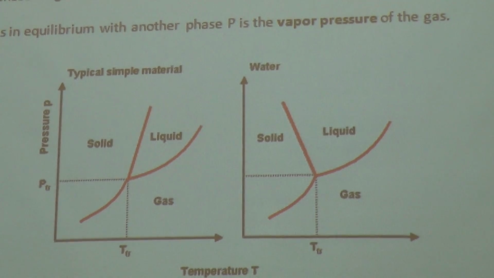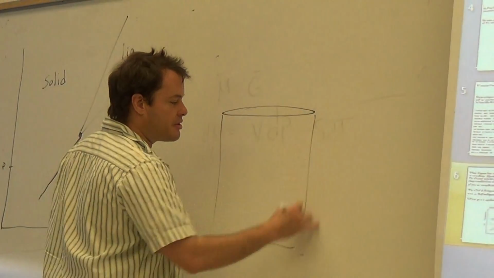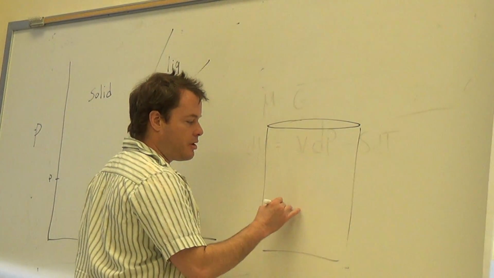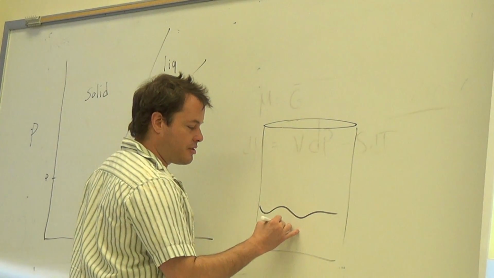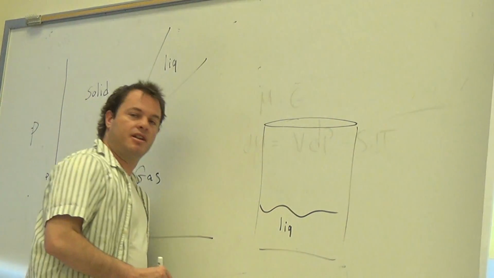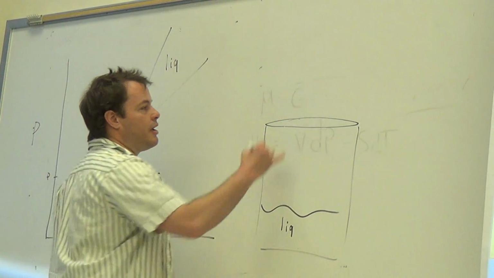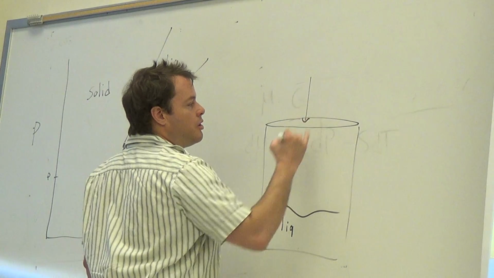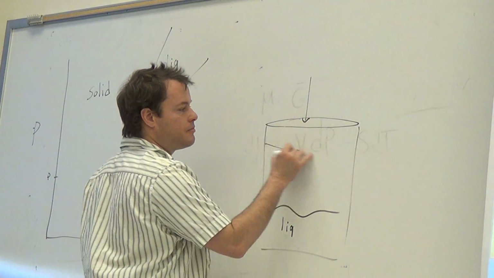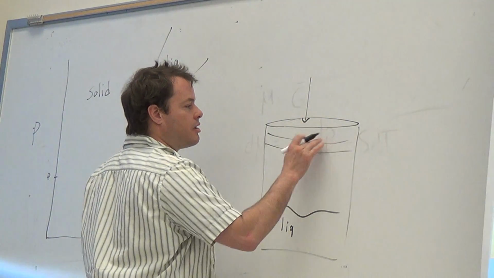So I'm going to draw a little piston because that's what we like to draw in thermodynamics classes. I'm going to put a substance, liquid phase, at the bottom of the piston, and I'm going to put a weight on the piston.